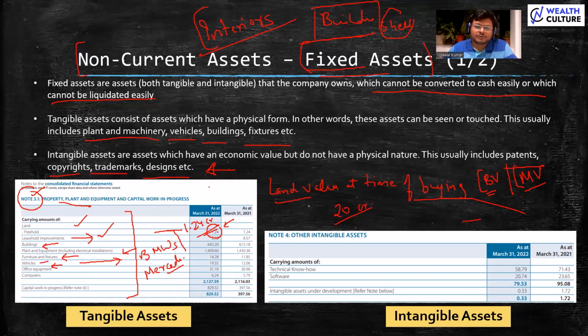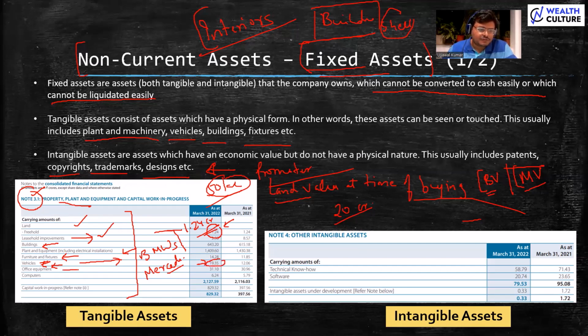Most promoters will buy a 50 lakh car in the name of the company, and they will show it as an asset of the company here, but this car will be solely for the use of the promoter himself, right? Stuff like that. I'm not saying this is something wrong, but then the size of this amount is very important in that situation.